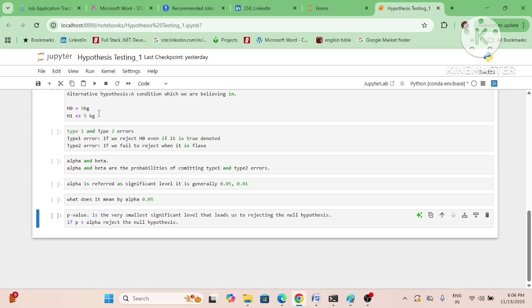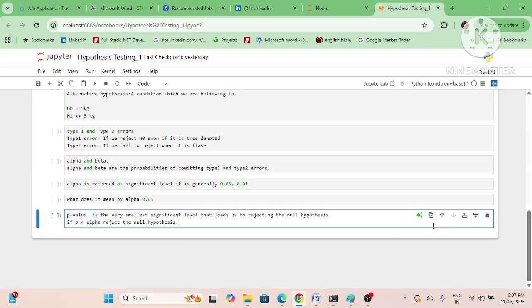That means it is a very rare case, an extreme case. So we may reject the null hypothesis. That is the use of p-value and alpha.